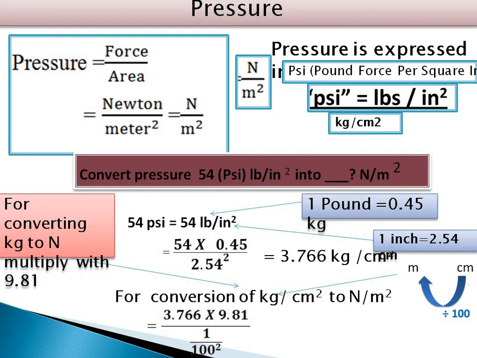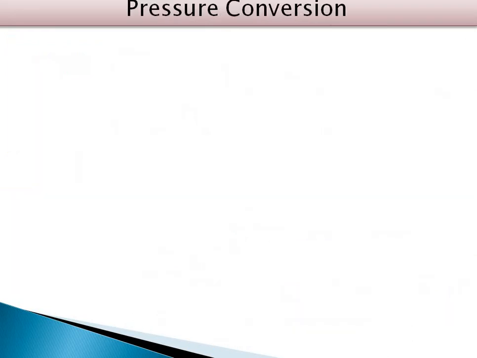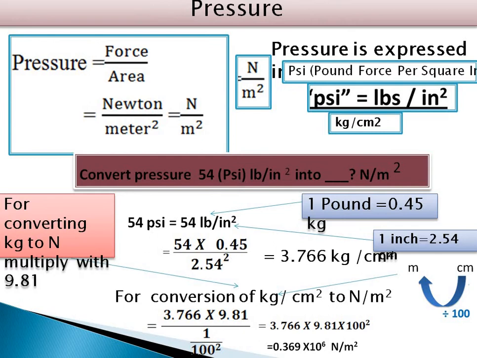So it can be written as 3.766 into 9.81 divided by 100 square. So it would be 3.766 into 9.81 into 100 square. So finally the answer is 0.369 into 10 to power 6 Newton per meter square. Okay, this is about the conversion of pressure.